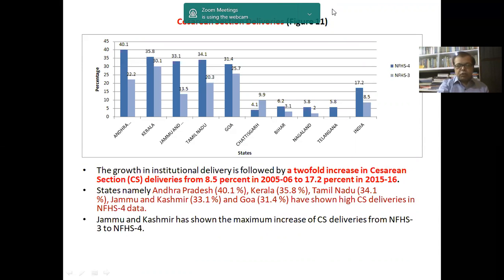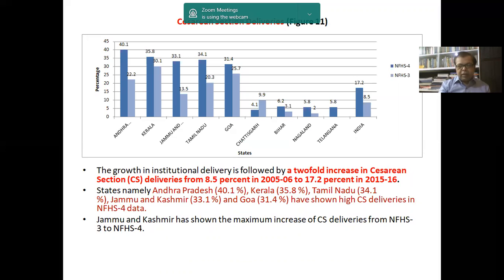The growth of institutional delivery is followed by a twofold increase in cesarean section delivery. Now, in this slide, the words cesarean section delivery are not visible. Cesarean is basically an operated delivery, where some kind of surgical work is conducted, and this is known as cesarean delivery.